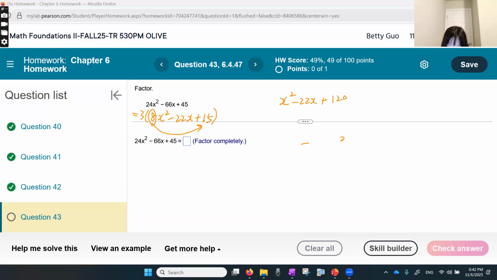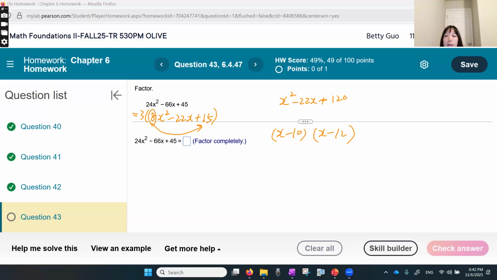What is 15 times 8, everyone? 120. And we're going to factor. Since they multiply to positive and add up to negative, both of them are going to be negative. 12 and 10 multiply to 120, add up to 22. So negative 10, negative 12.